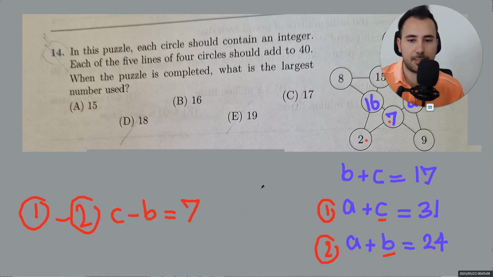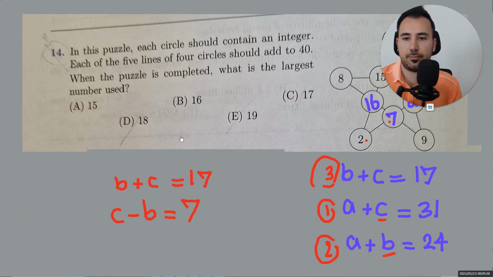C plus B is 17 over here, isn't it? So the first equation. Now I'm going to use this equation, number 3. I will write it again one more time. So B plus C is 17. So all we have to do is add these two equations together.